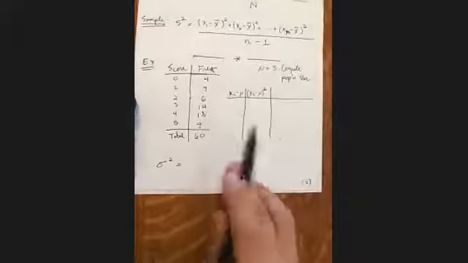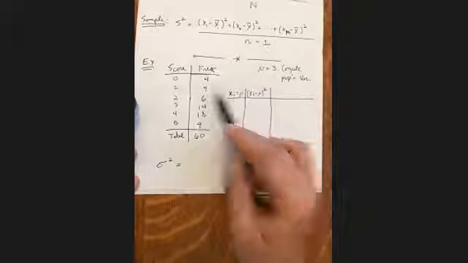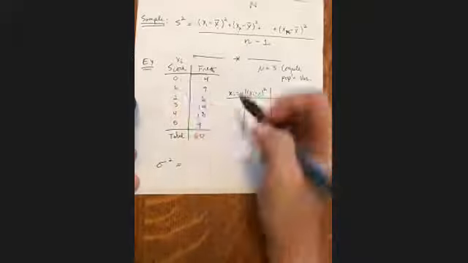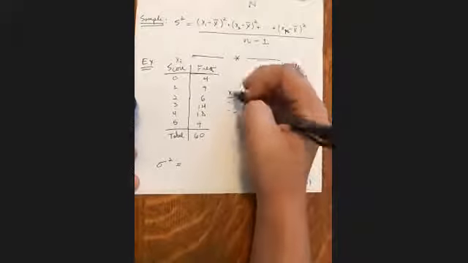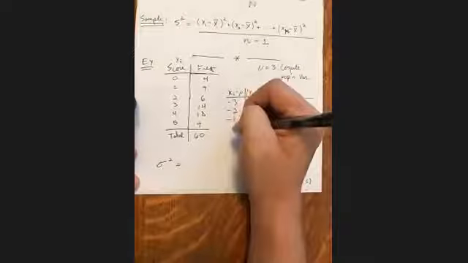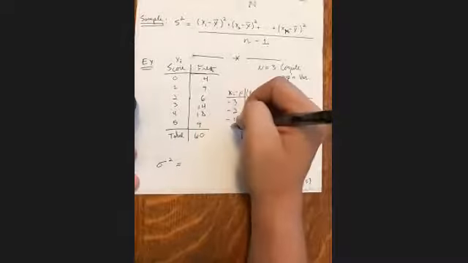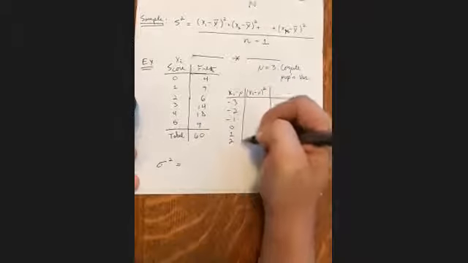So just like before, we can use tables to do this. First we're going to take the value, the xi, so the score is the xi, and subtract away the mean, which was 3. So 0 minus 3 is minus 3, 1 minus 3 is minus 2, 2 minus 3 is minus 1, 3 minus 3 is 0, 4 minus 3 is 1, 5 minus 3 is 2.